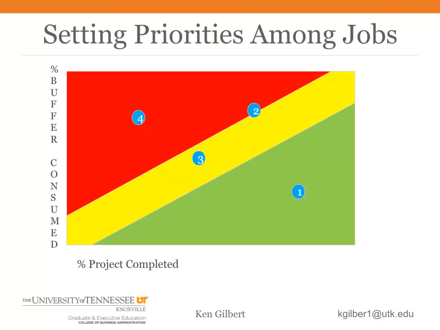If we do that for the other tasks associated with the project, it will move back toward the yellow zone, and then this will drive the project toward on-time completion. The priorities here are first task 4, then 2, then 3, then 1. This moves each project back toward the yellow zone and toward an on-time completion.